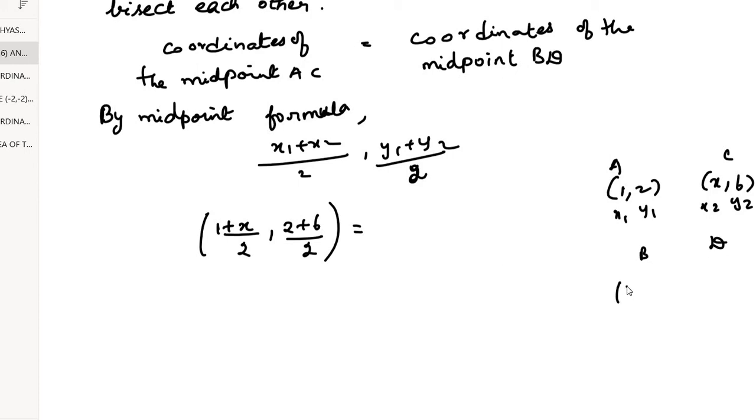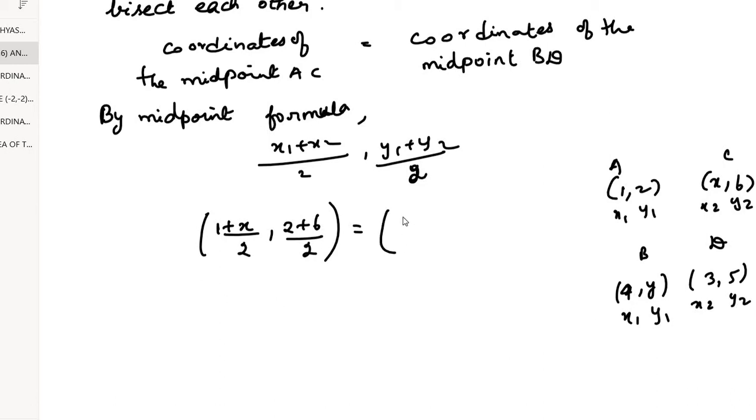What is the point B? (4, y). What is the coordinate point of D? (3, 5). So x1, y1, x2, y2.